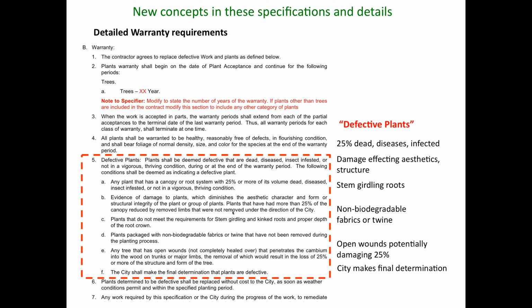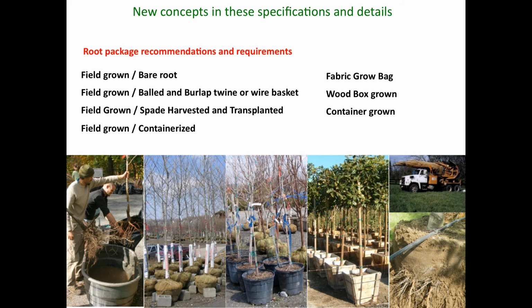So we've introduced the idea of something called defective plants. So the plant only needs to be defective at the end of the warranty, not dead. So then we define fairly closely what those defects are that is important to be considered.